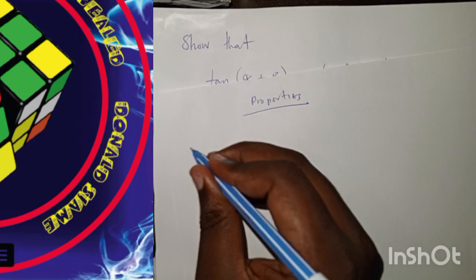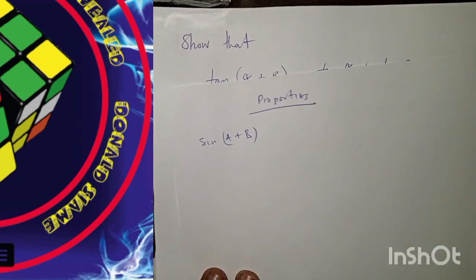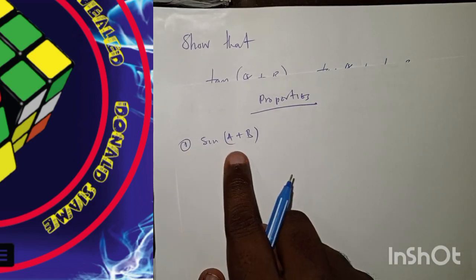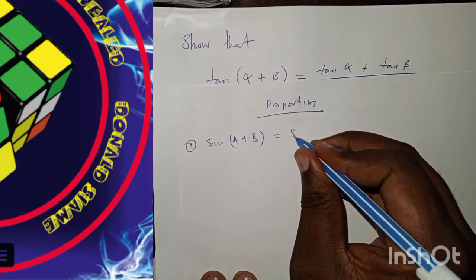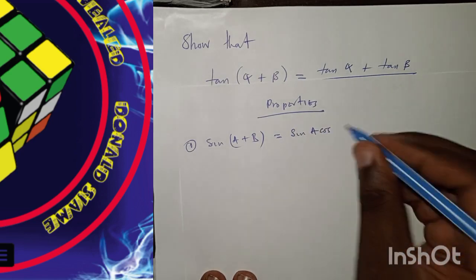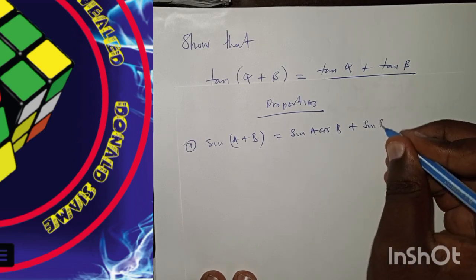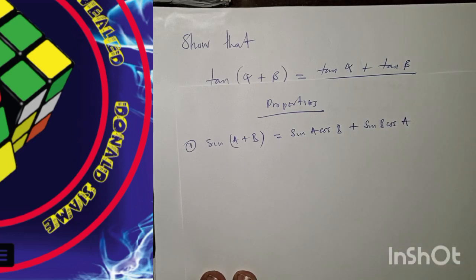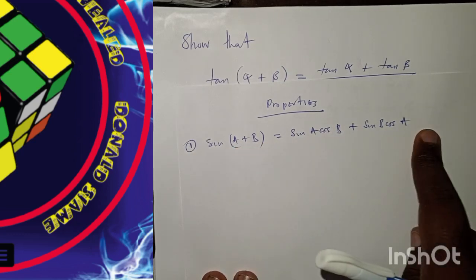Let's say you have sine of a plus b. The identity for this is: sine of a plus b is equal to sine a cos b plus sine b cos a. So this is the identity for sine of a plus b.